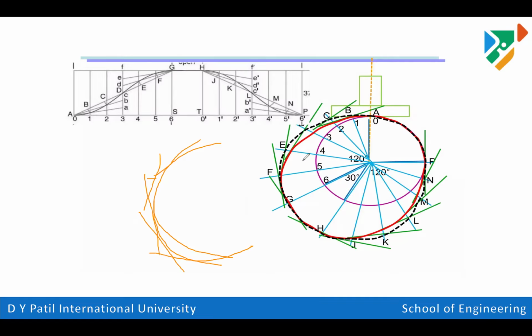Simply by tracing all the points inside those intersecting lines, we get the freehand curve. So this is the cam contour which we can trace with the help of uniform acceleration and retardation. By connecting all these points, we trace the cam contour. So this is all about the flat face follower with uniform acceleration and retardation diagram. Thank you all.